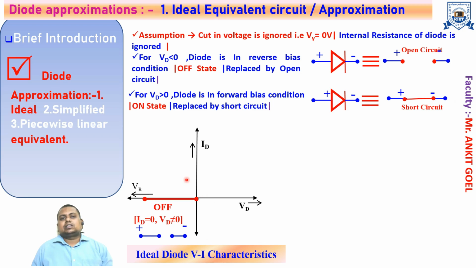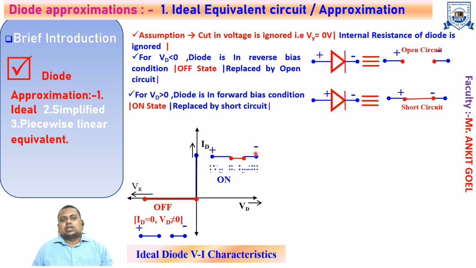The red line shows that when the voltage across the diode is negative or less than zero, it will behave as an open circuit, meaning the current is always zero, but the voltage need not be zero. But when the voltage across the diode is positive or greater than zero, it will behave as a perfect conductor, that is, it will be replaced by a short circuit.